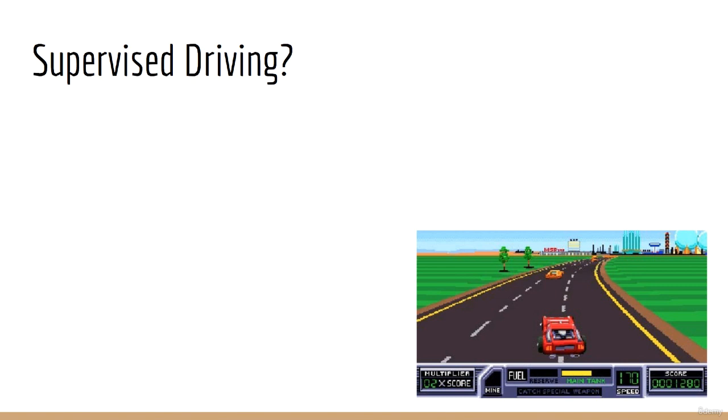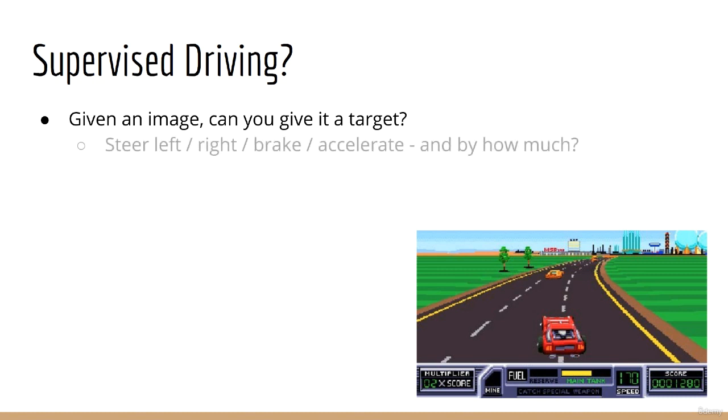Why is this important? Well, think about our self-driving car again. Take this image of the road. If we were to use supervised learning for this data point, we would need to give it a target. But what's the target? Should I steer left? Should I steer right? Should I accelerate? Should I brake? In fact, you probably cannot give this image a target.